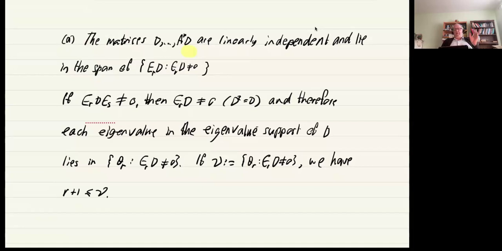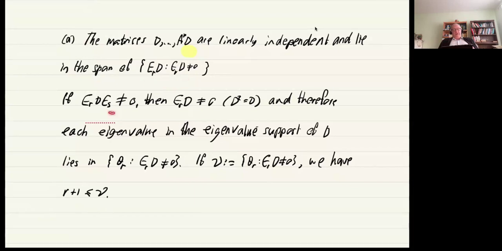And so it's the same proof as before. As you multiply by larger powers of A, you cover more and more vertices. And probably this should be A plus I to the power, not just A. So that's not going to matter. Now, they're linearly independent, and they lie in the span of this set. So this is a set of span of matrices, but that's all right.